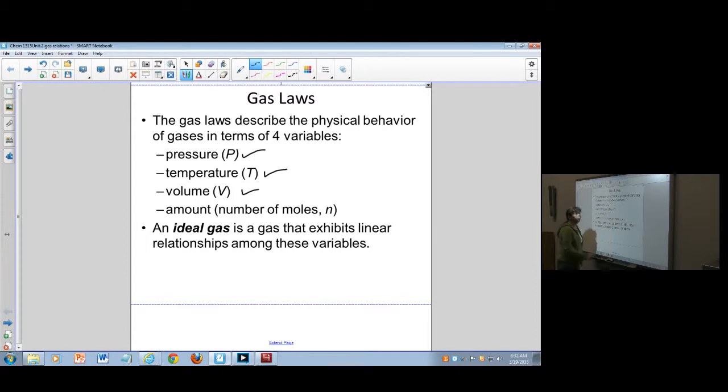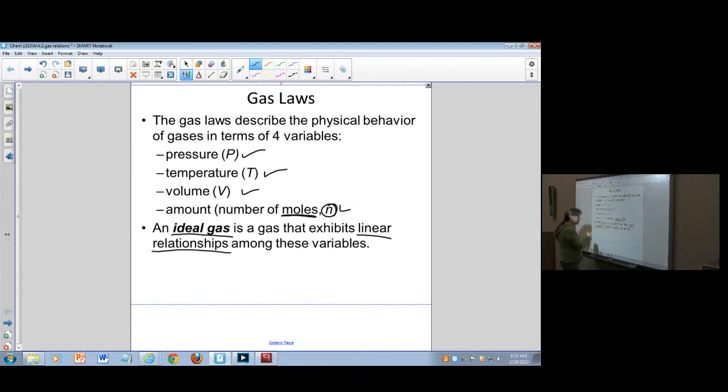The volume, or the container size that the gas is in, also matters, and the amount, moles, which we call N in the gas laws, also influences the behavior of the gas. Now, we're going to be studying something called ideal gases, where we want a linear relationship.